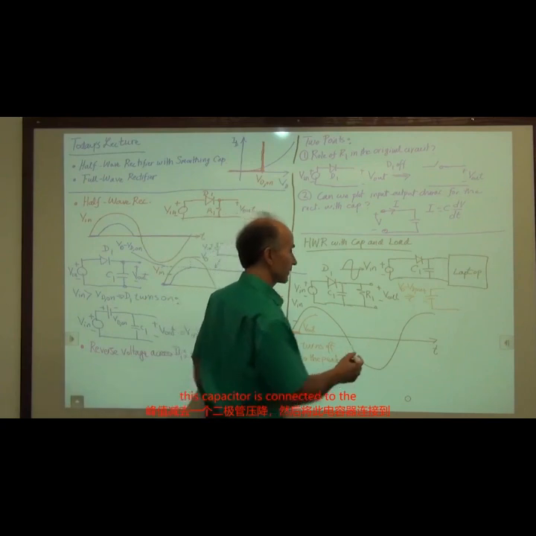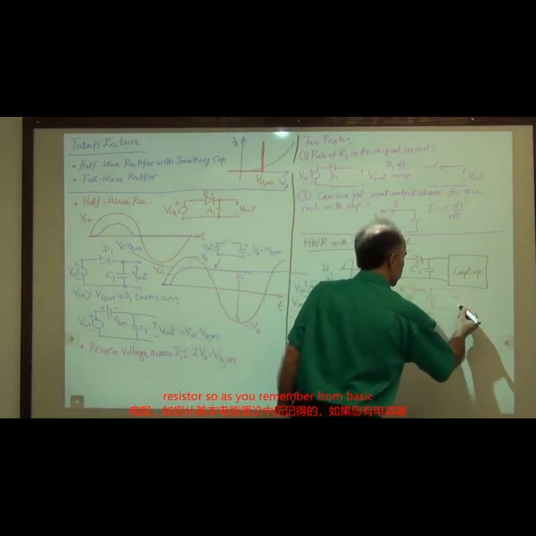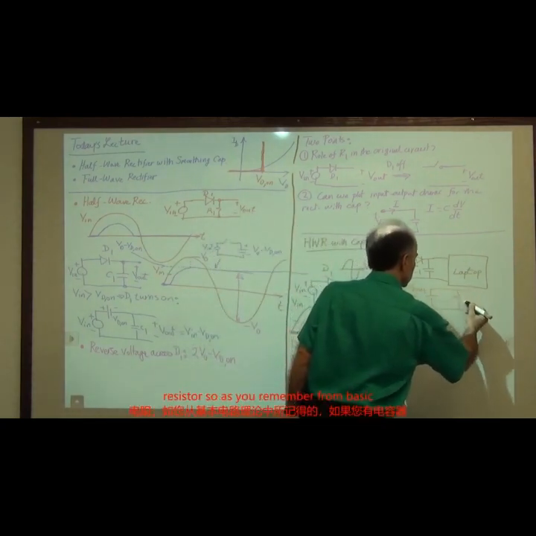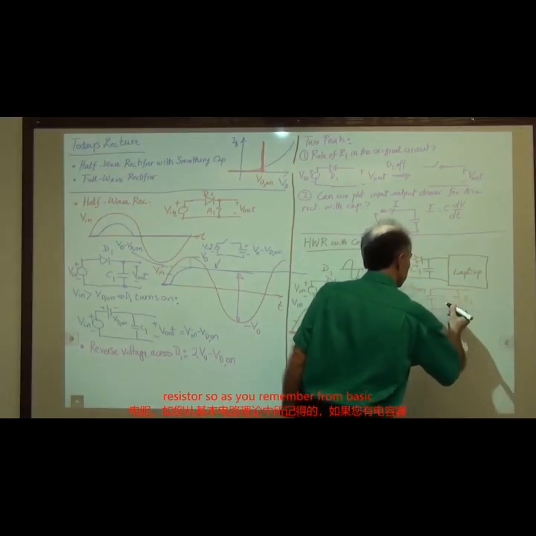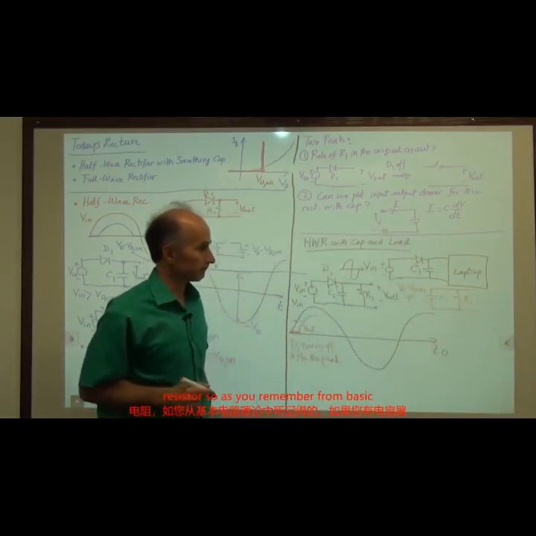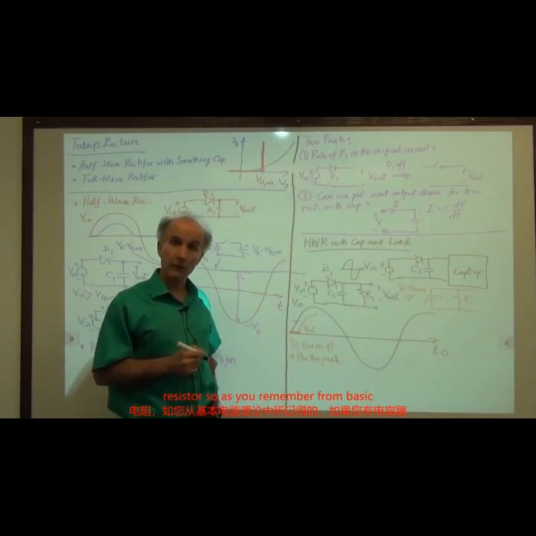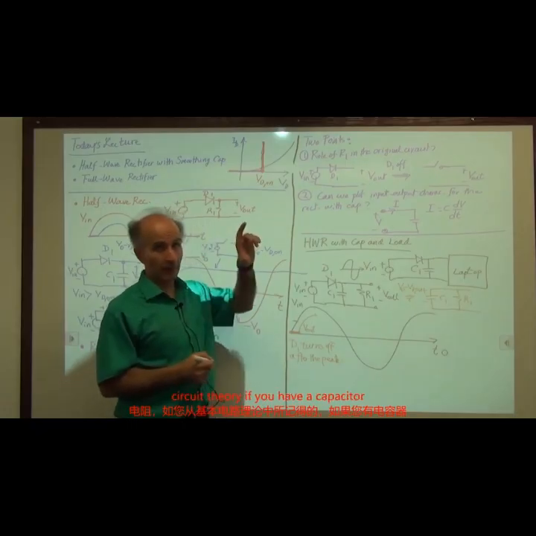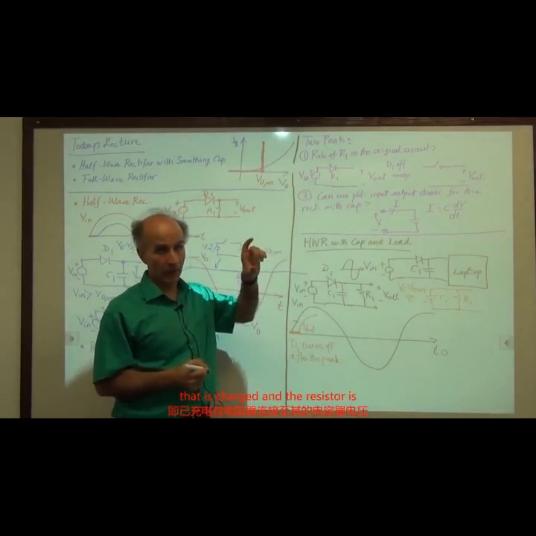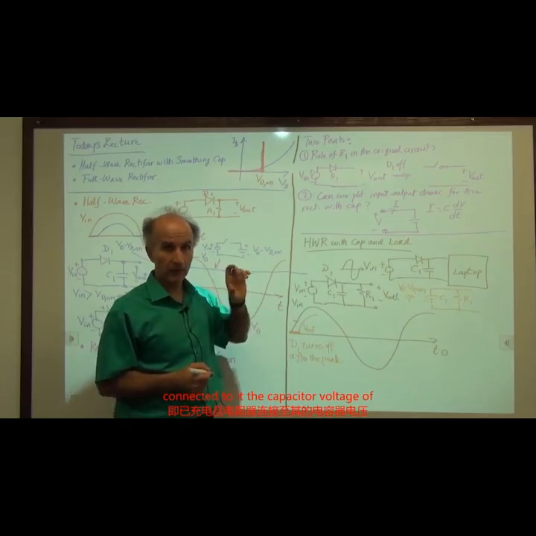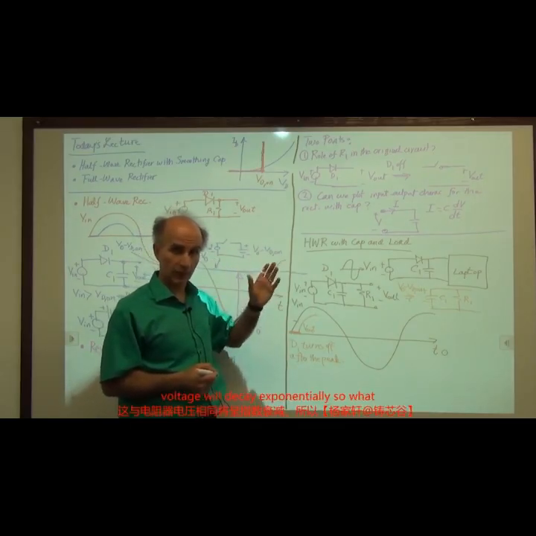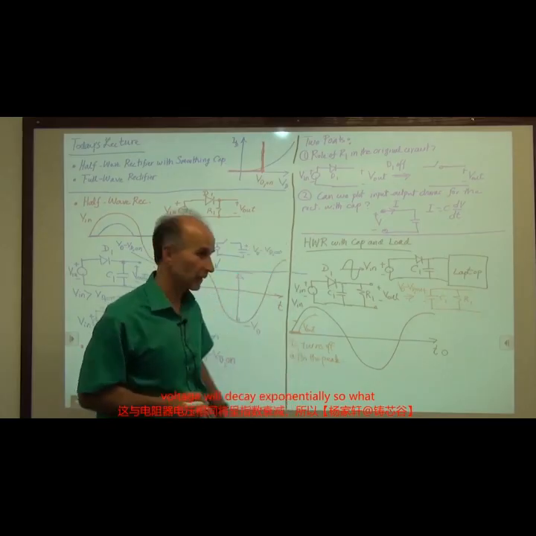And this capacitor is connected to a resistor. So as you remember from basic circuit theory, if you have a capacitor that is charged and a resistor is connected to it, the capacitor voltage, which is the same as the resistor voltage, will decay exponentially.